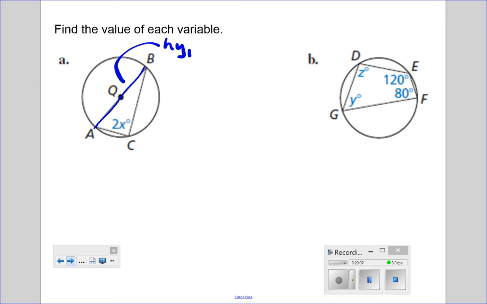It's the hypotenuse. So the angle that's opposite of the hypotenuse has to be our right angle because these two have to be our legs. Okay, so if this is the right angle, we know that 2x equals 90. So x has to equal 45. Not degrees, just 45.